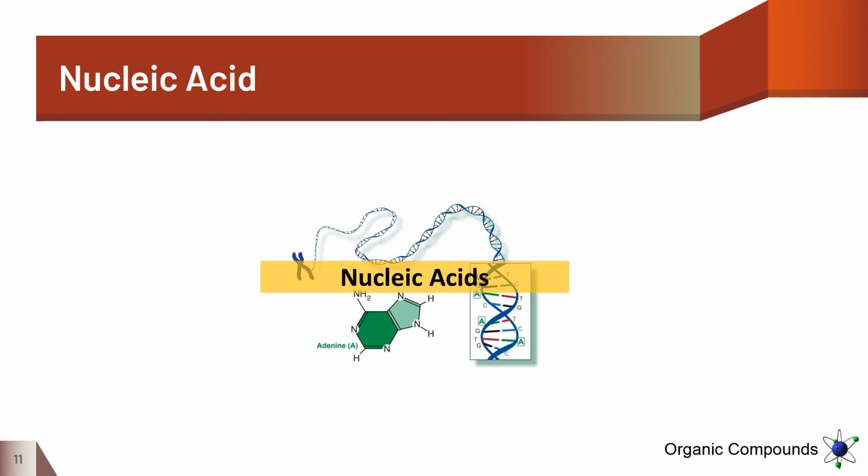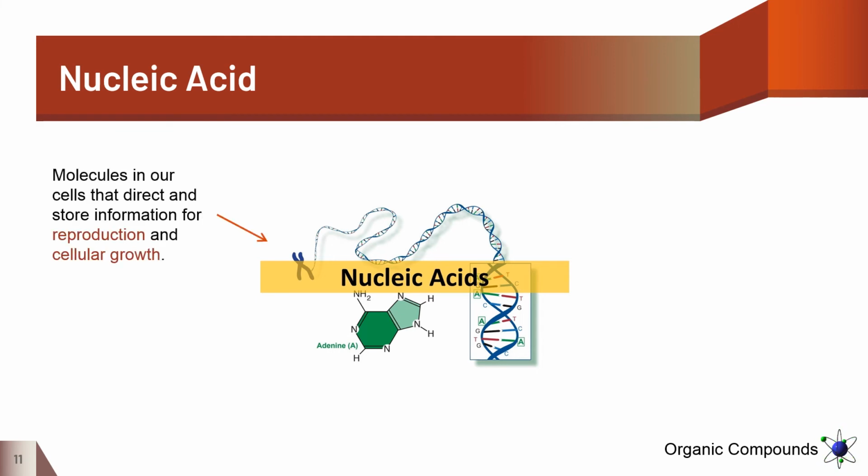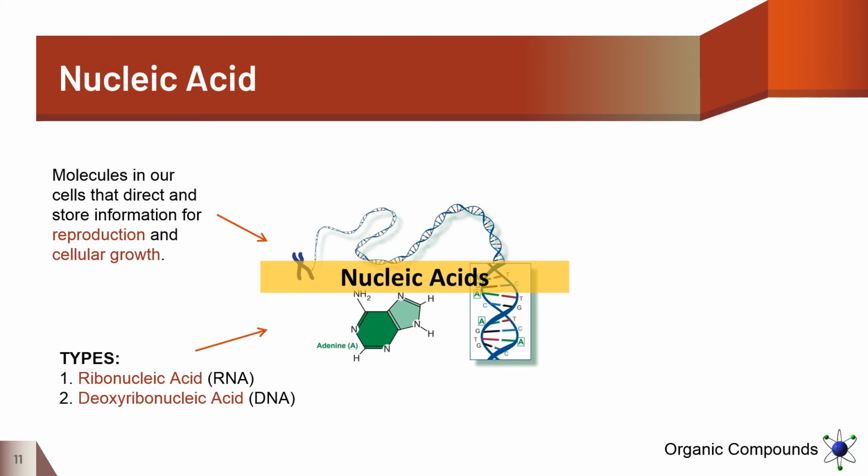Now, let's move on to the last type of organic compound, which is the nucleic acid. These are molecules in our cells that direct and store information for reproduction and cellular growth. The types of nucleic acid are the ribonucleic acid, also known as RNA, and deoxyribonucleic acid, also known as DNA.